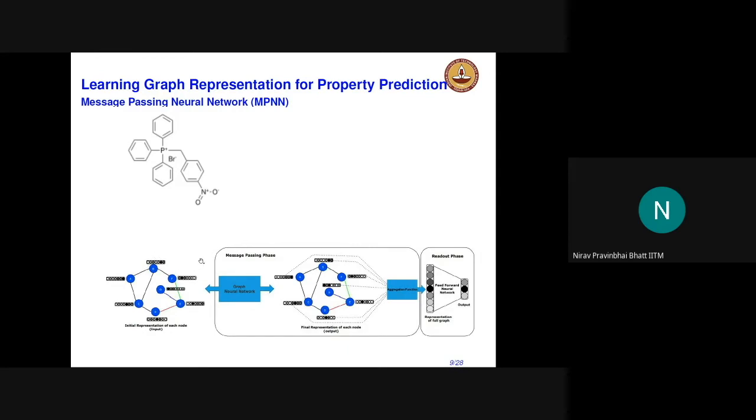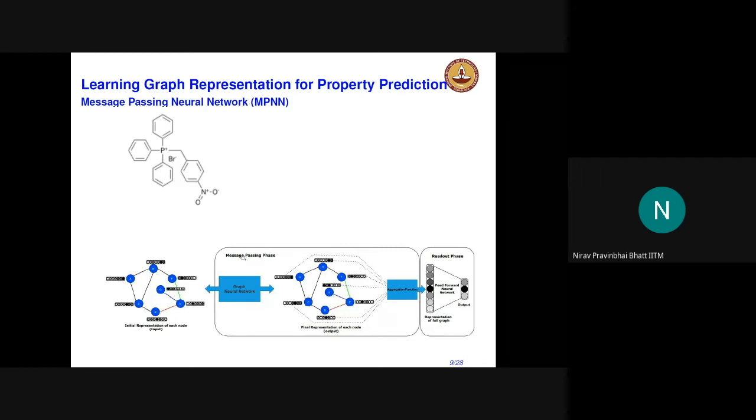And what a message passing neural network does is pass the message from one node to another node and keep repeating it for a finite amount of time. You can think of it as some kind of functional operation you perform. I'm not going to talk about the math right now, but you can think that they are passing some kind of functional approximation and keep doing it for a finite amount of time, which is done through some kind of graph neural network.